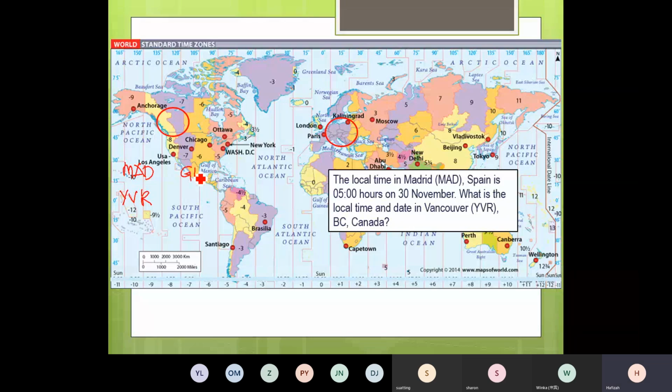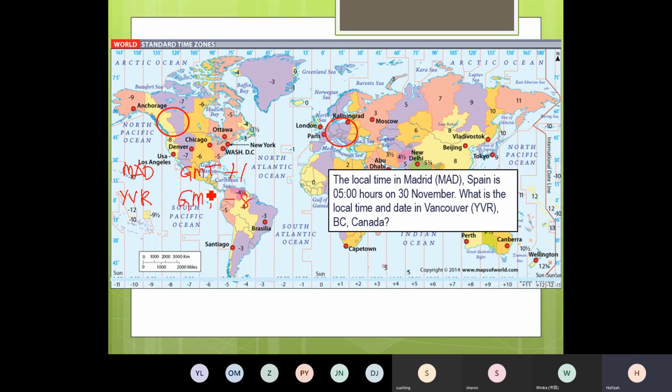So you need to know where Madrid is and where Vancouver is. Madrid is here, so it is plus 1, because if you see from here, this is under Madrid. And then Vancouver is here, so it is minus 8. So GMT minus 8.